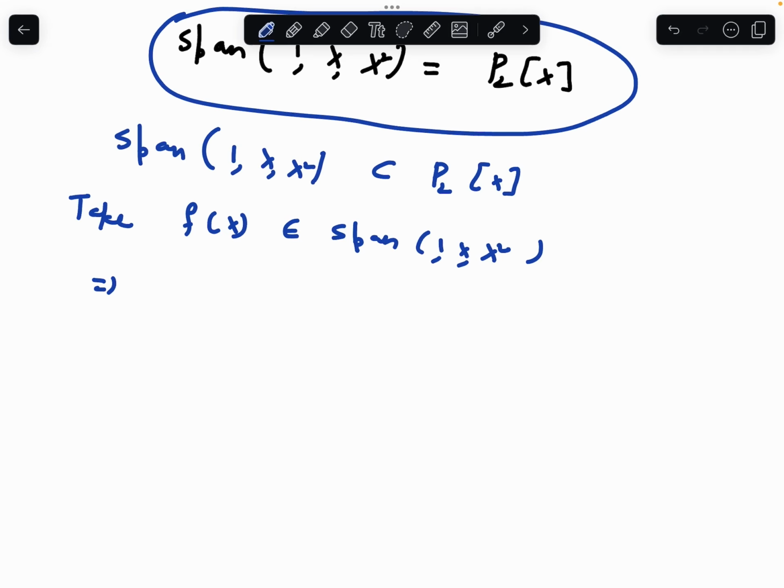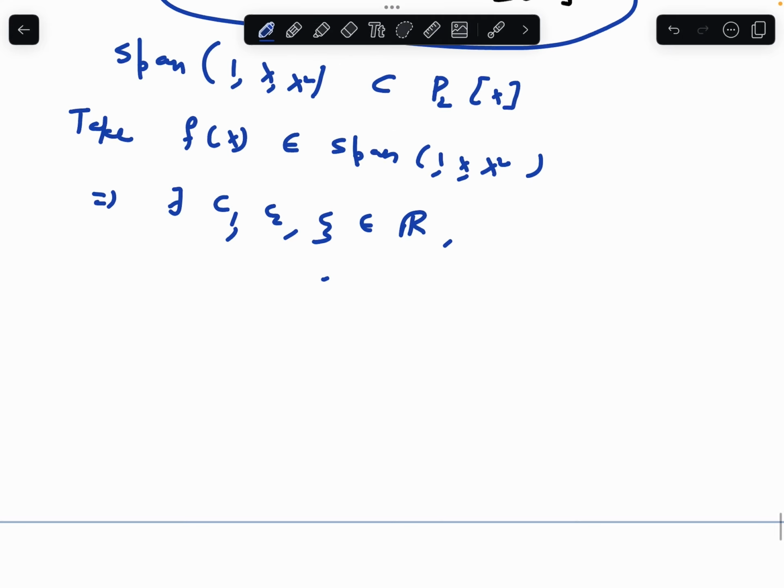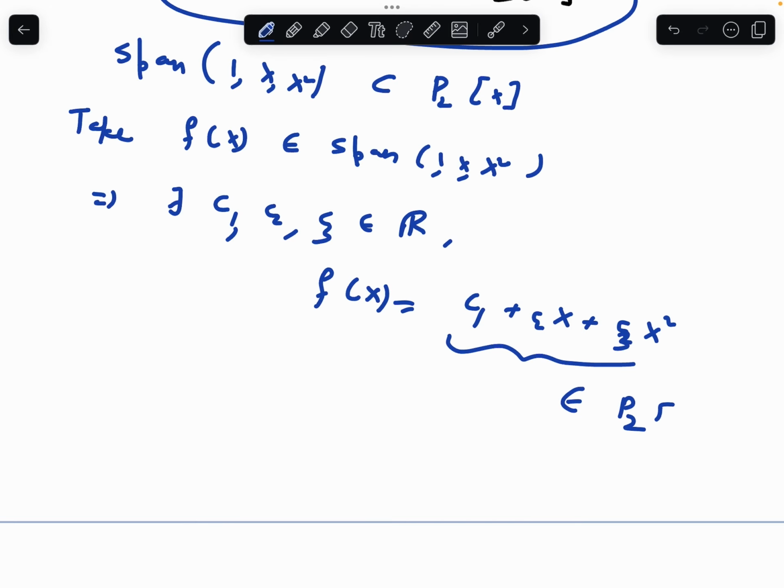So this means there exist constants or scalars, say c1, c2, c3, such that f(x) is equal to c1 plus c2 x plus c3 x square. But this is a degree 2 polynomial, and therefore it lies inside P2.